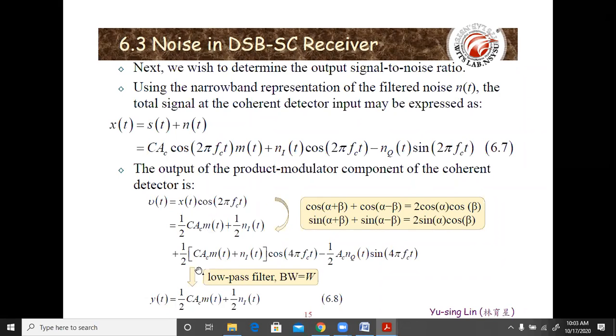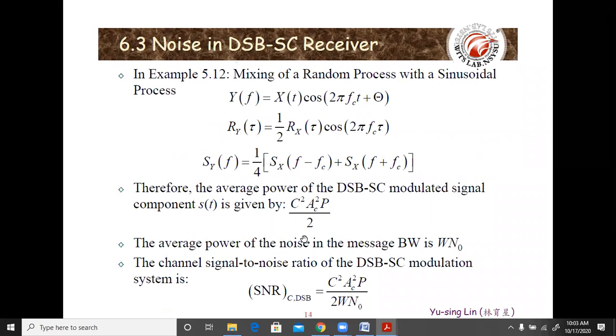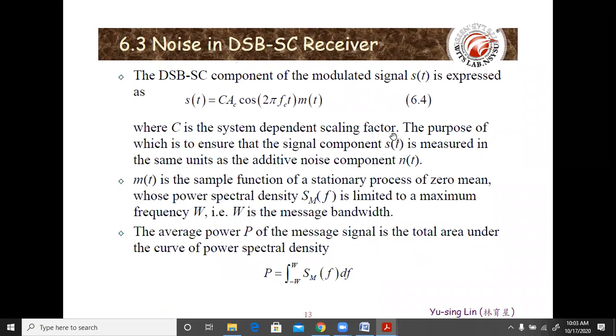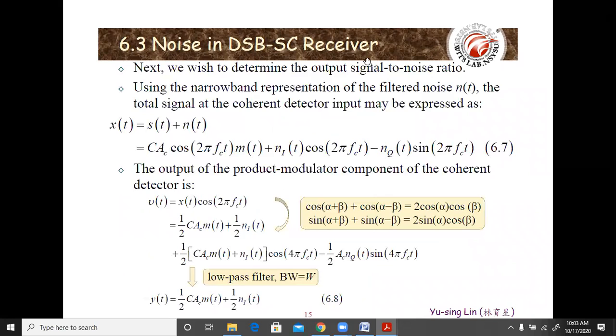Effectively we have the product modulator and the low pass filter. After the product modulator we get this, and if you pass it through a low pass filter, the fc terms are removed and we are left only with this.